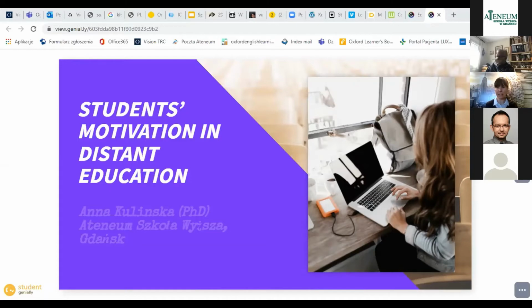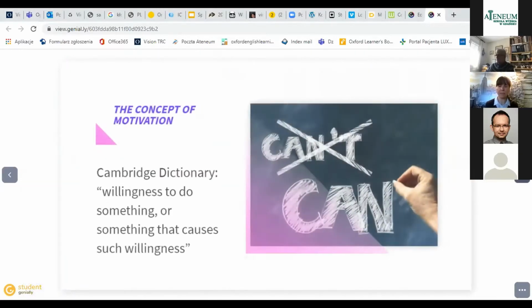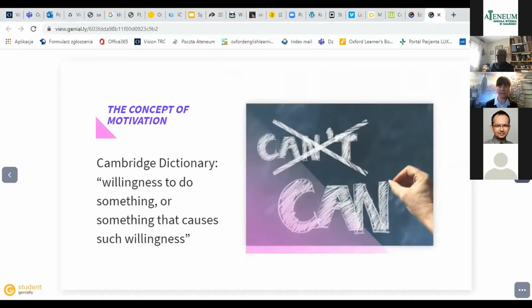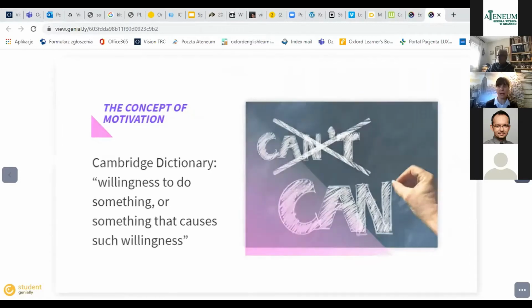In order to analyze the topic, let's have a look at the basic meaning and understanding of the most primitive, I would say, concept, the definition of the concept of motivation. As the dictionary says, it is the willingness to do something or something that causes such willingness.